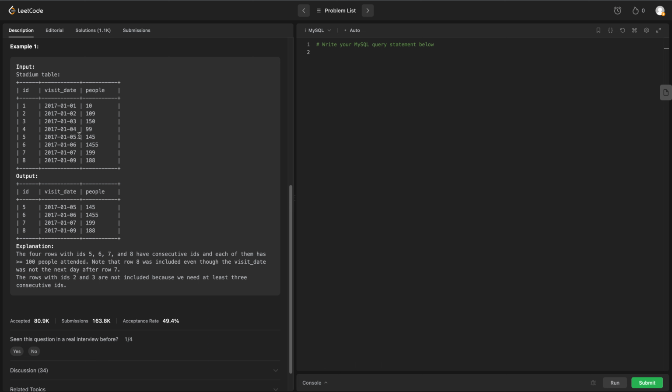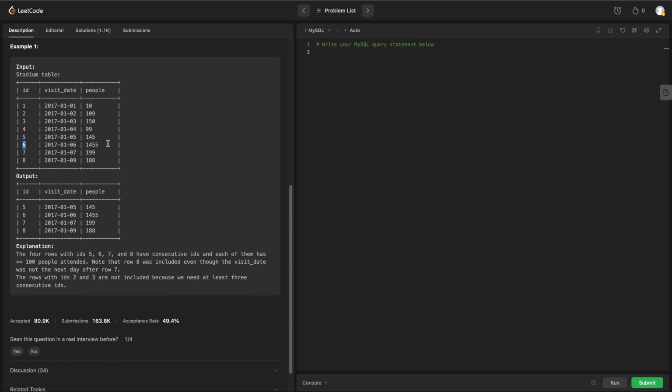If you consider row number 5, 145, yes, it's more than 100. The next row is 1455, yes, it's more than 100. The next to next row is 199, yes, it's more than 100. So we got a condition where at least 3 consecutive numbers of people are more than 100. So we can include 5, 6, 7 in our output.